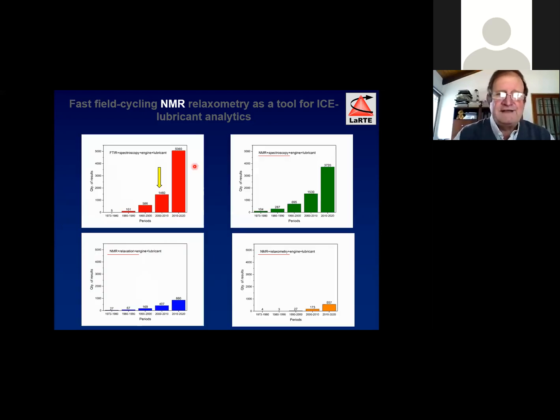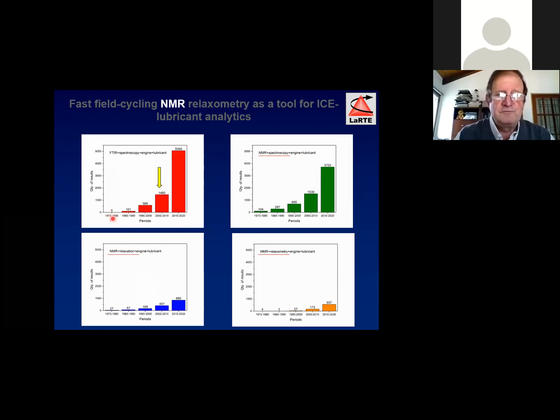This is a silly thing I did just to see what happened. I put this string of words in Google Scholar: infrared spectroscopy here, NMR spectroscopy here, and I analyzed different periods of 10 years. You see the first period of 1973 to 1980, only 5 events for infrared.